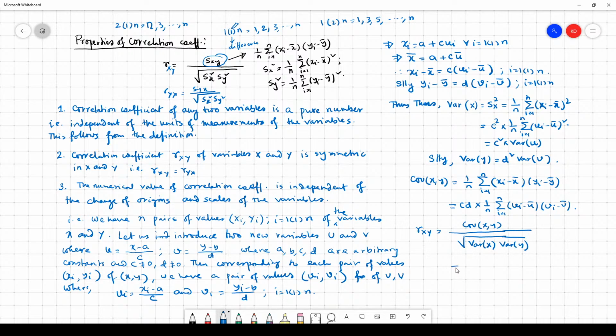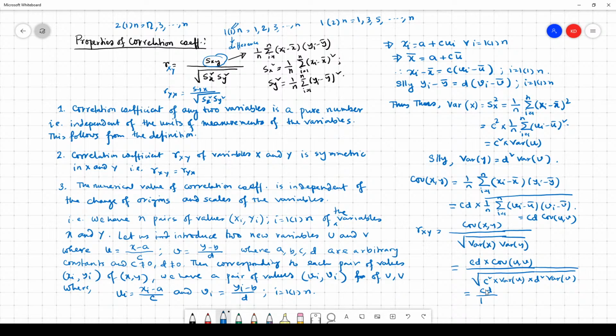So covariance of xy is c into d, and this portion is nothing but the covariance of u comma v. So covariance of xy is c into d covariance of u comma v, by root over c square variance of u into d square variance of v, and this is equal to cd by mod of c.